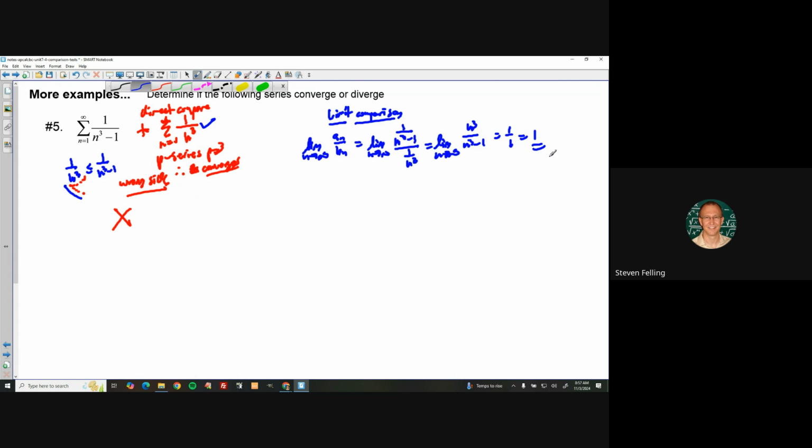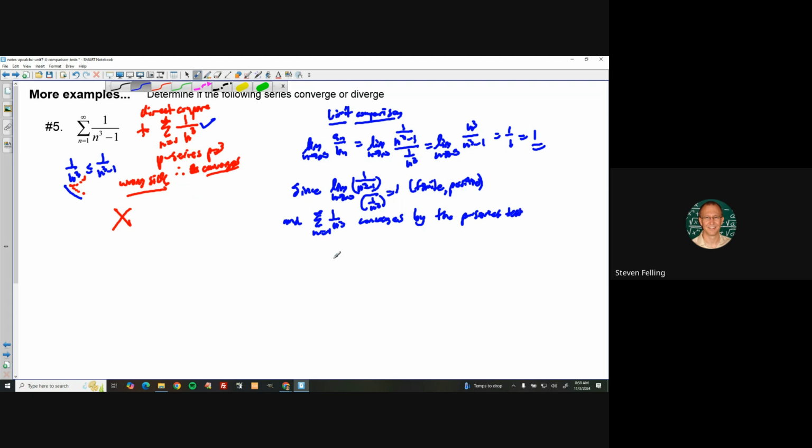That means these series are linked. So we could say this then: since the limit as n approaches infinity of 1 over n cubed minus 1 and 1 over n cubed is 1, a finite positive number, therefore the series are linked, and since the series from n equals 1 to infinity of 1 over n cubed converges by the p-series test, therefore the series from n equals 1 to infinity of 1 over n cubed minus 1 also converges by the limit comparison test.